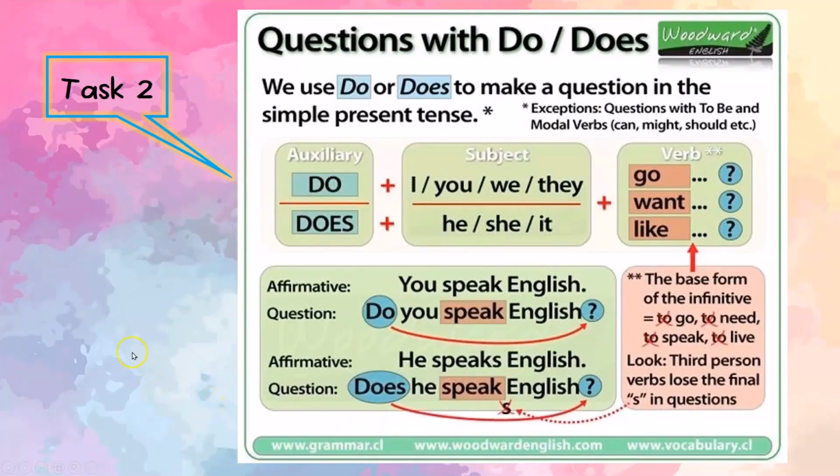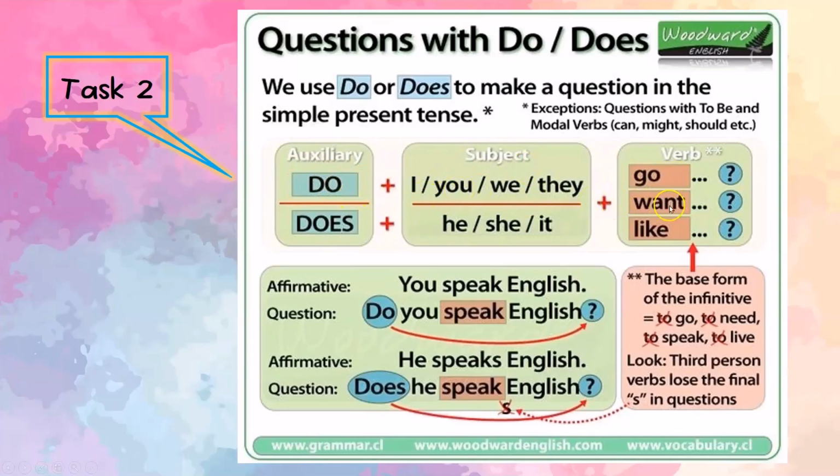Alright, okay, for task 2, we are going to look into questions with do or does. We use do or does to make a question in the simple present tense. For example, number 1: do I, you, we, they. If the subject is I, you, we, they, we will use do. Do I go?